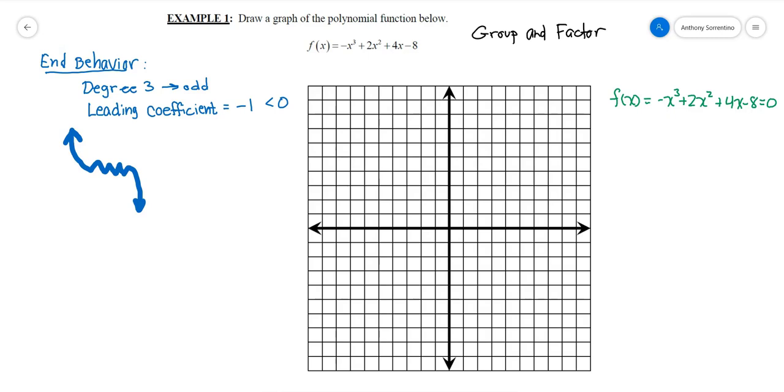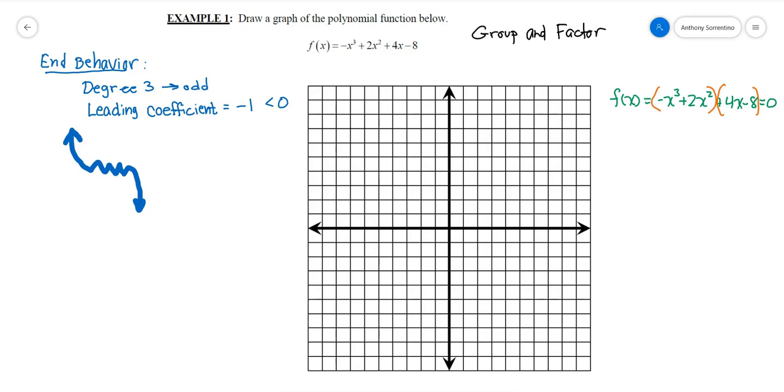So I'm going to attempt that. If you attempt grouping and factoring with polynomial functions, it may or may not work. If it doesn't work, that doesn't mean there isn't anything you can find. You just might have to use another method. But this one's going to work for us. So luckily, we have that. As we go into other functions and other parts of this chapter, we'll look at other methods of doing that.